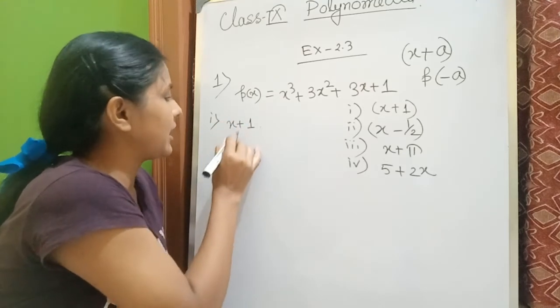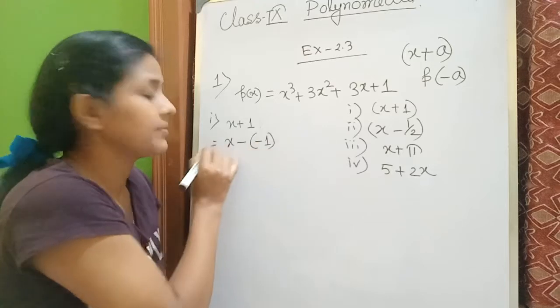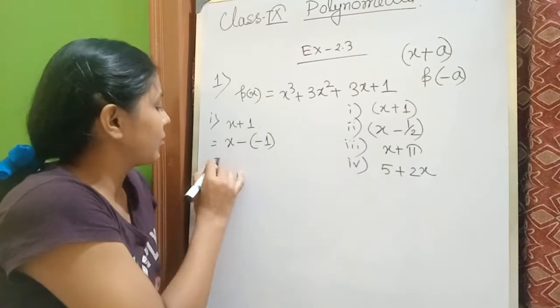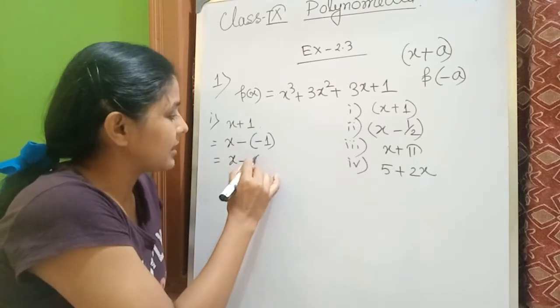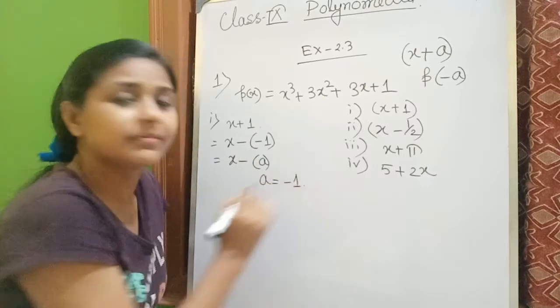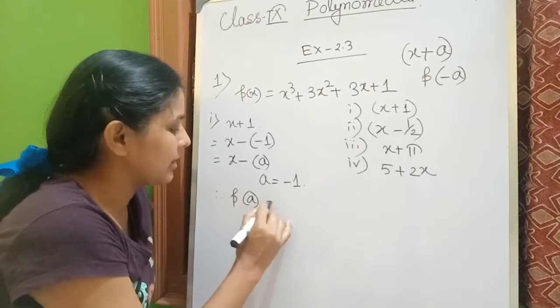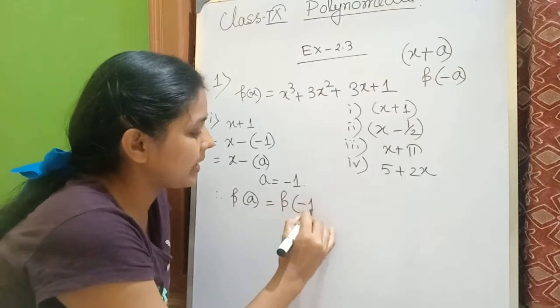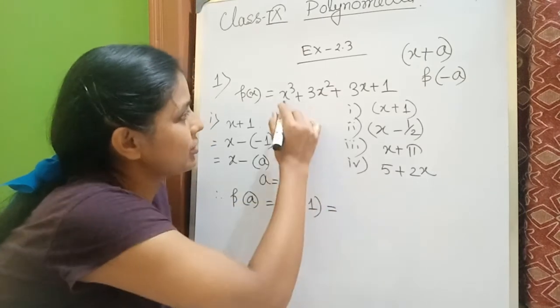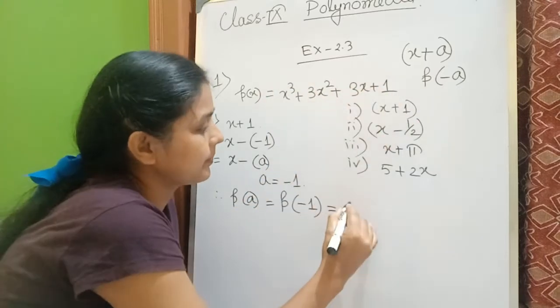That means it can be written as x minus of minus 1, right? So x minus a, that means a equals minus 1. Therefore we have to find p of a, that is p of minus 1, that equals, minus 1 to be replaced here in place of x.